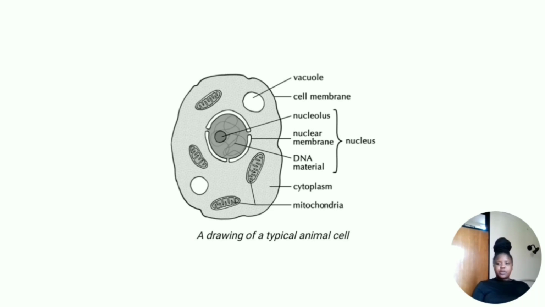The cytoplasm fills the inside of the cell. It is located inside the cell and outside of the nucleus. And then let's focus on the mitochondria. The mitochondria is located in the fluid that surrounds the cell, which we call the cytoplasm. The vacuole is a membrane-bound organelle that is found in the cytoplasm.